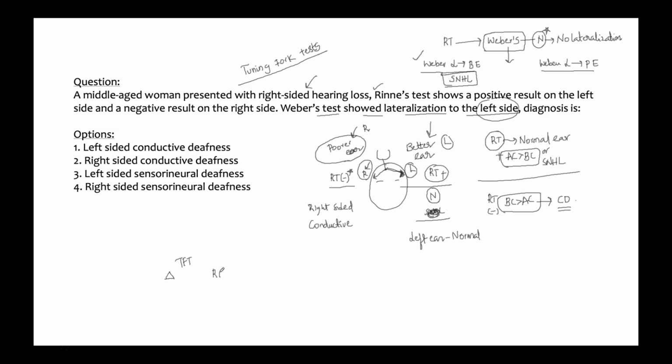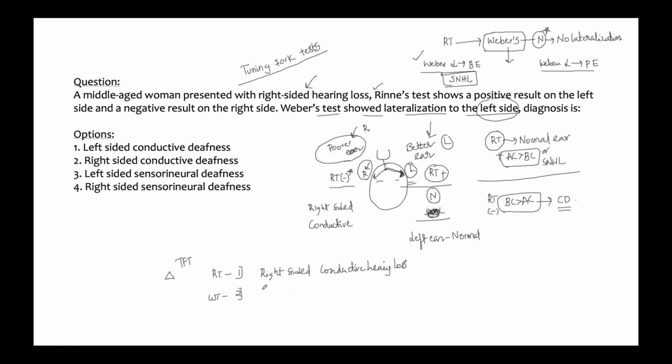Diagnosis 1 from the Rinne's test is right-sided conductive hearing loss, right? And what is your interpretation from Weber's test? Weber's lateralized to better ear.